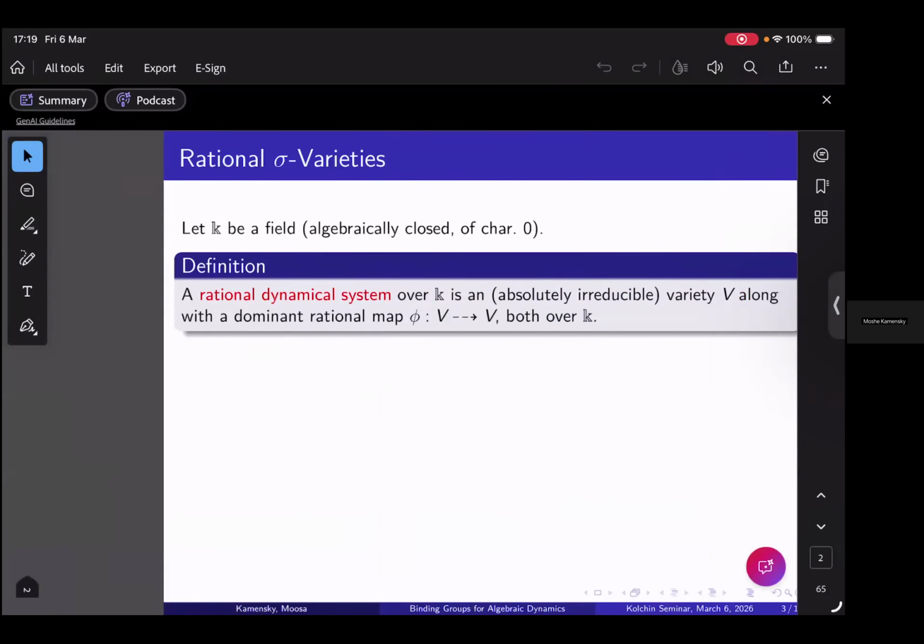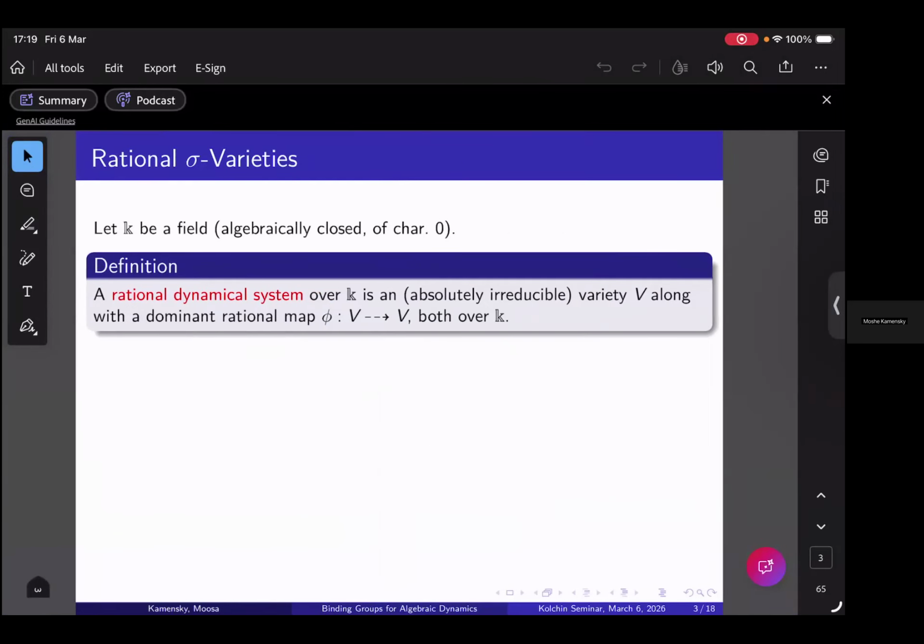Okay. So the basic object is a rational dynamical system, which is just an algebraic variety, along with an endomorphism. And the endomorphism, what makes it slightly special is that the endomorphism is rational rather than regular.